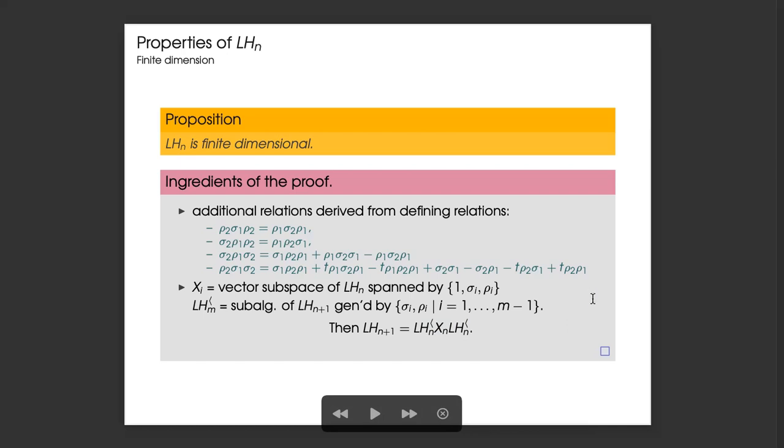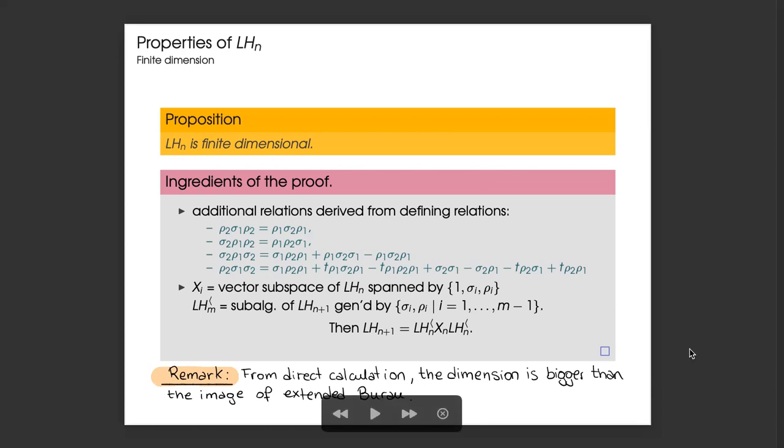Sorry, I got meddled with the indices. So this is a long and convoluted way to say that you start writing words and eventually they all simplify down. You end up with a spanning set, a generating set for LH_n. Unfortunately, it will not be a basis.